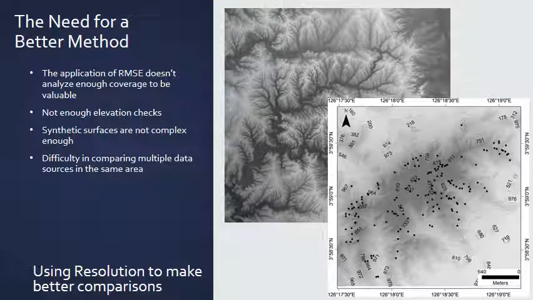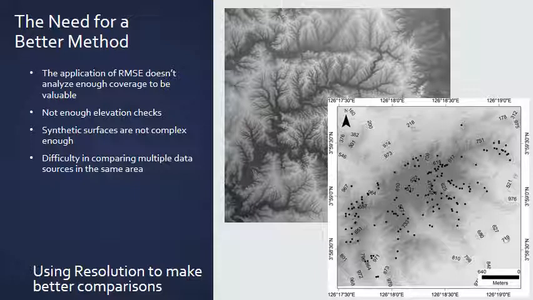One of the problems is that it doesn't analyze enough coverage to be valuable. In a digital elevation model that might cover several square kilometers, there might be only 7 or 8 points that can be validated using the RMSE, instead of some sort of continuous coverage to say, overwhelmingly, how accurate is the DEM to actual realization.